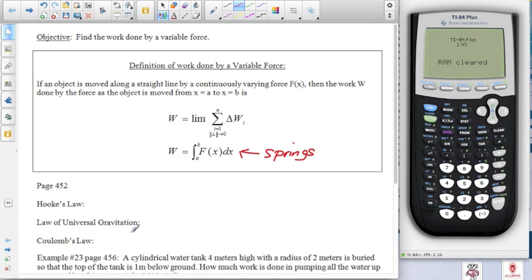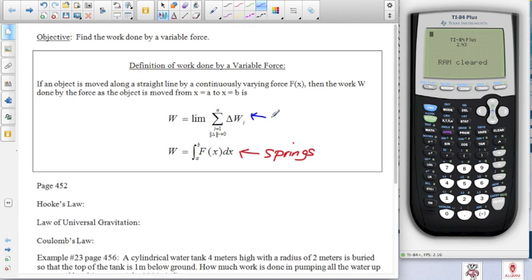In this situation, when we're talking about things like pumping water or lifting a hoist, it becomes more convenient to define work in terms of incremental work done. In these situations, we're actually lifting something, but we're lifting it a varying distance.